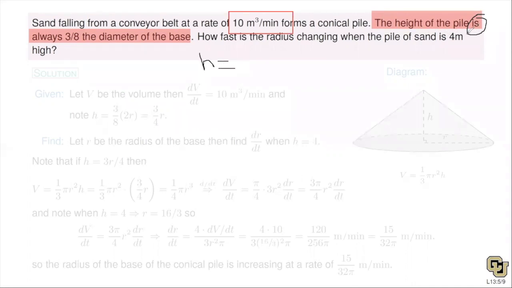The height of the pile is 3/8 the diameter. So they've given us two pieces of information. One, that dV dt equals 10.